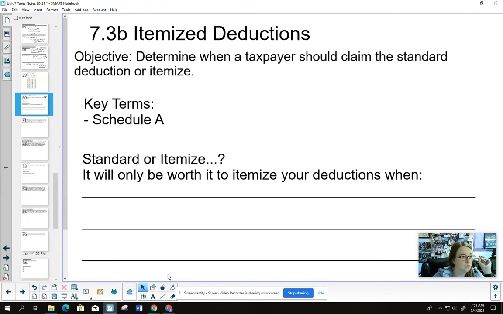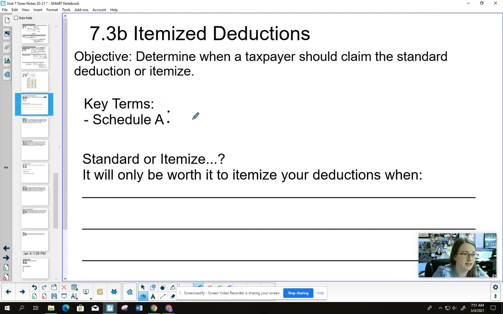That's it. So Schedule A, what this is, we briefly mentioned in the last lesson what itemizing your deductions means. Itemized means they are very specific deductions that not everybody can get. And again, tax deductions are just amounts of money that the government pretends you didn't make because you spent them on important things.